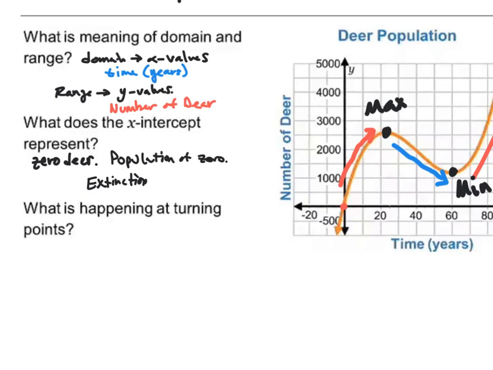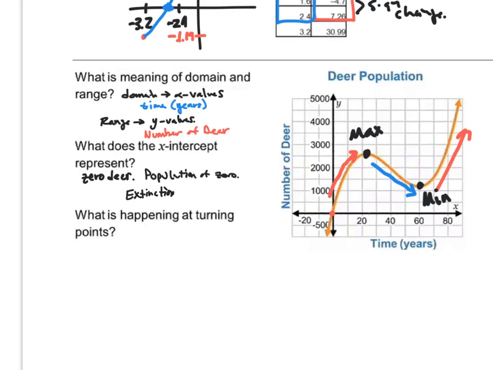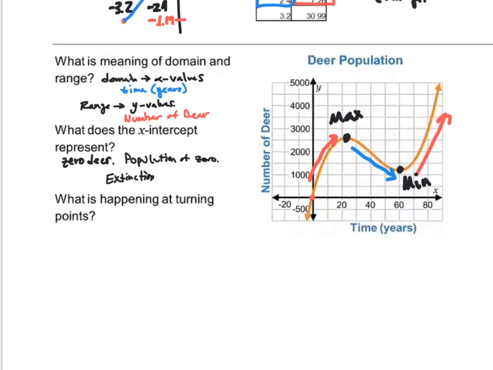You had a maximum, and then they started to die off. And then something happened down here after like 60 years, and then all of a sudden the population skyrockets. And there are things that affect that. That's why they have these models and these predictions, because there are reasons why this is happening.